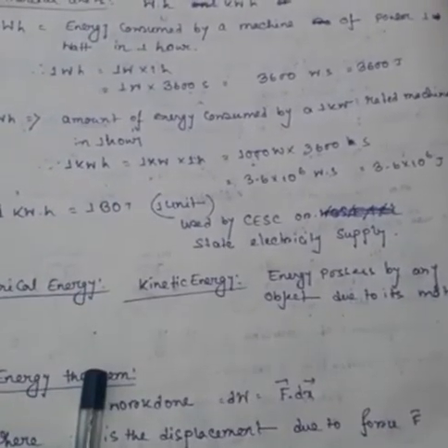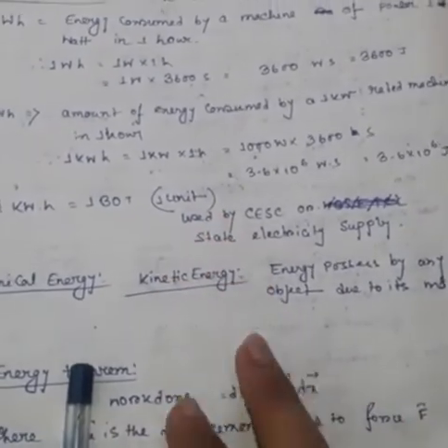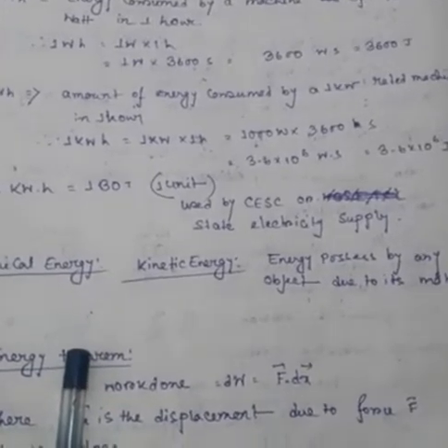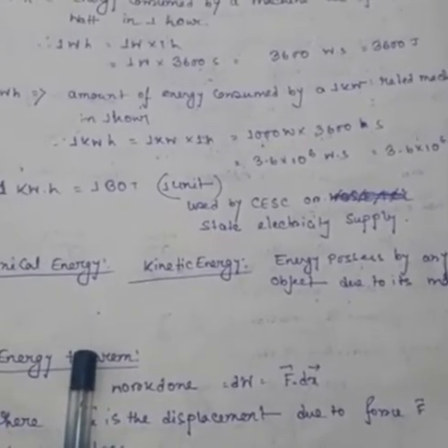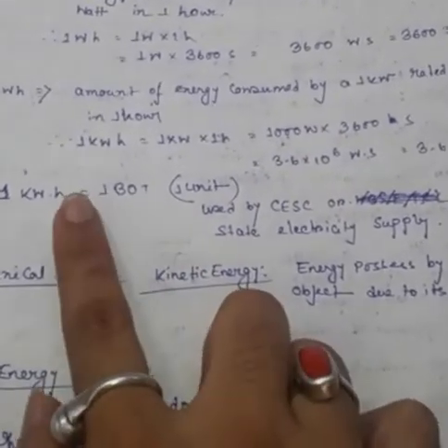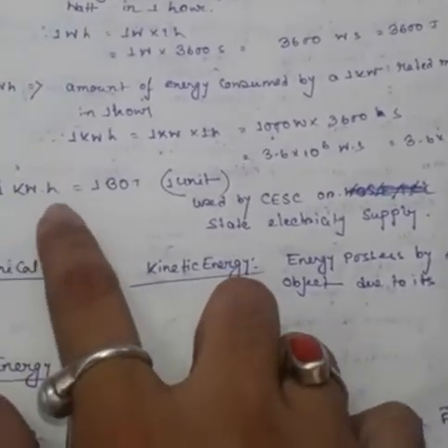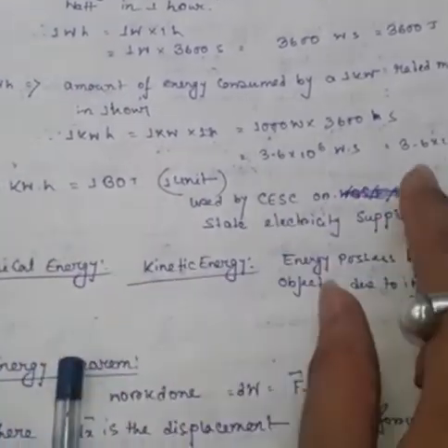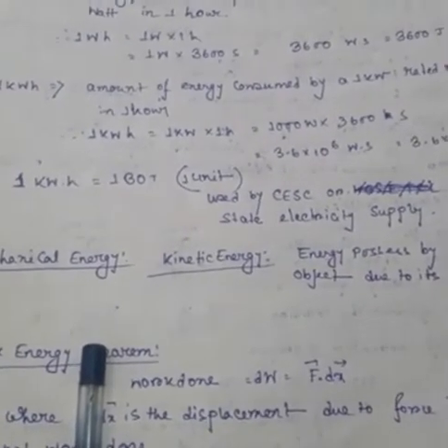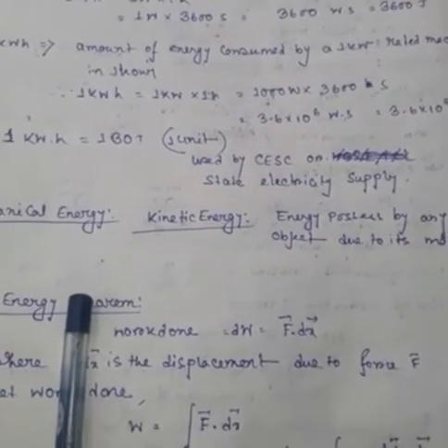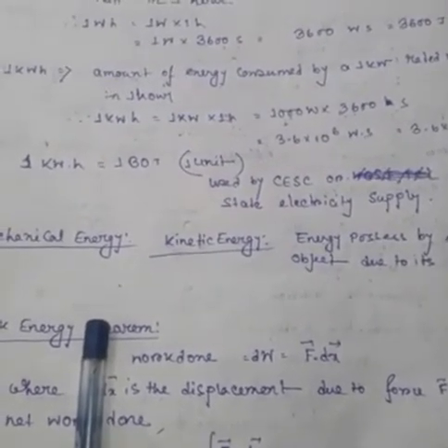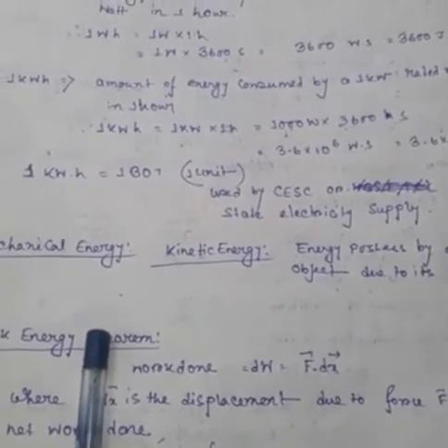That means if you have consumed electrical energy of 100 unit, you have consumed 100 kilowatt hour of energy. That means 100 into 3.6 into 10 to the 6 joule, that much energy you have consumed in 1 month. Okay, so that's all about the definitions and the introduction to this chapter.